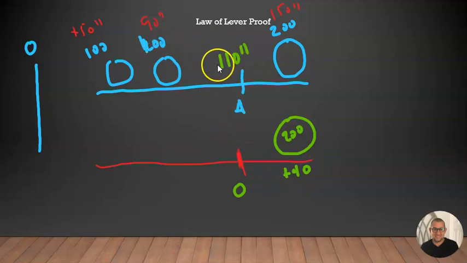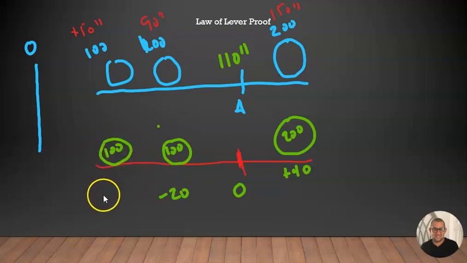From 110 to 90 is only 20, so this 100-pound ball is position minus 20. And from 50 to 90 is 40, so minus 20 to minus 40, this 100-pound ball will be position minus 60.